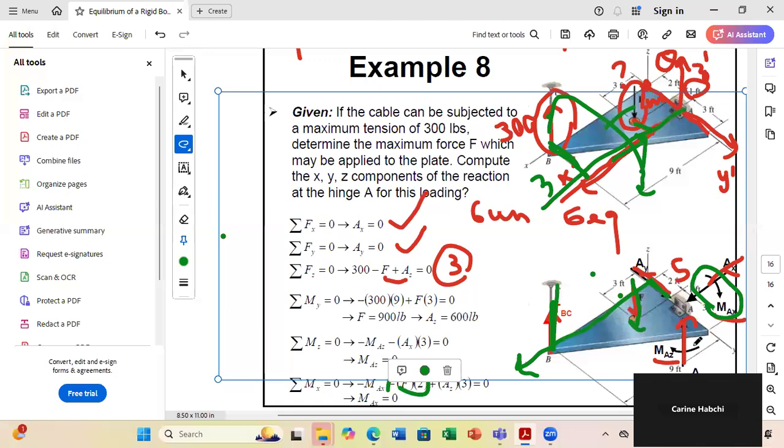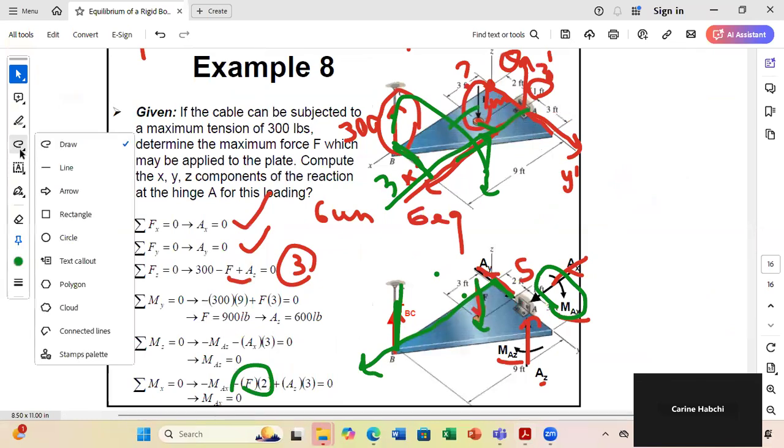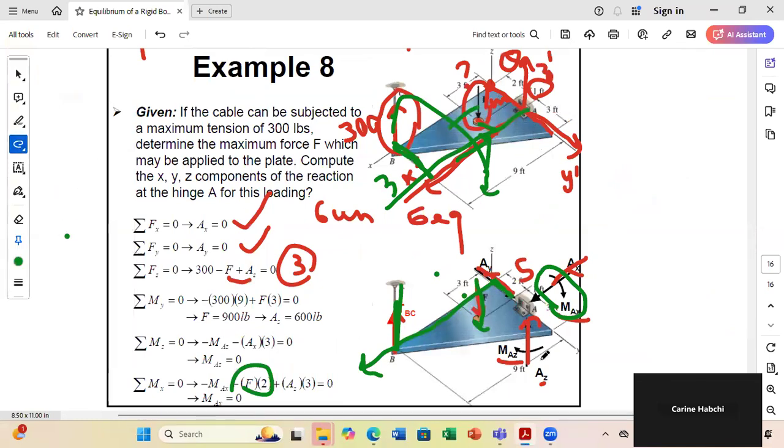Now, AZ is producing, if I do the right hand rule, a positive moment about x-axis passing by the origin. The distance is from this point to this one.